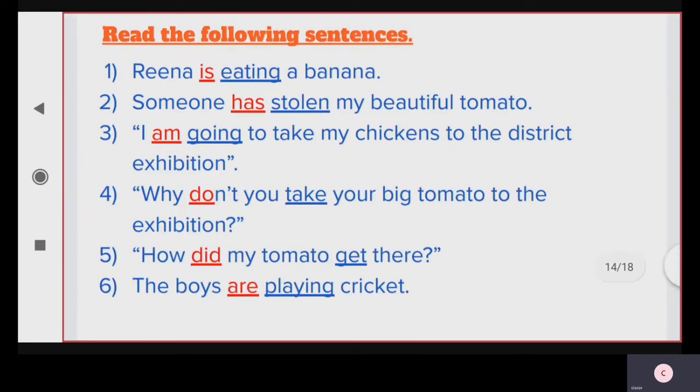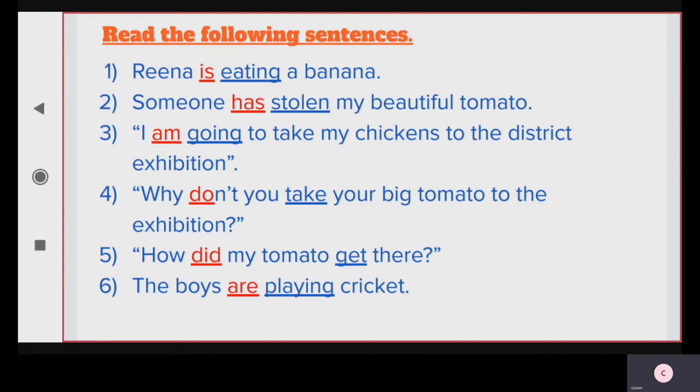Read the following sentences, children. First one, Reena is eating a banana. Second one, someone has stolen my beautiful tomato.